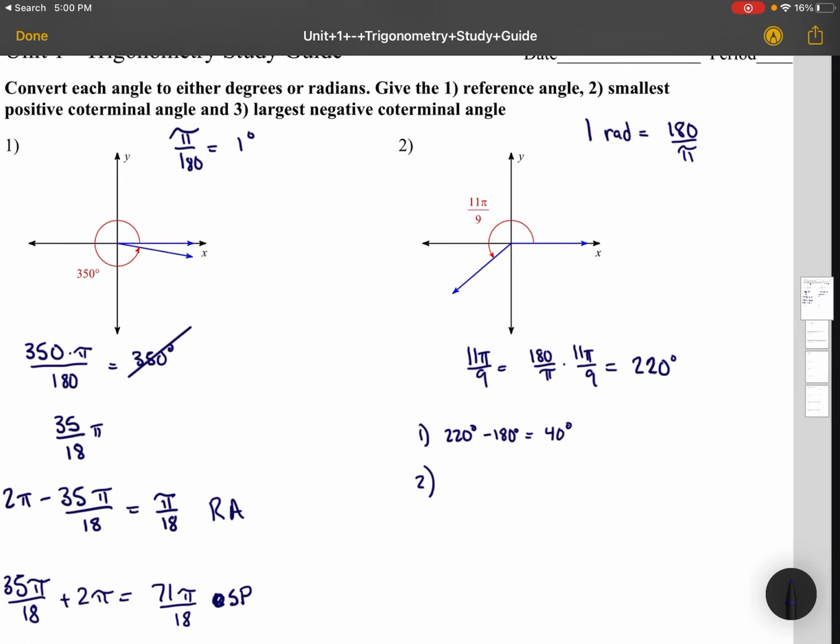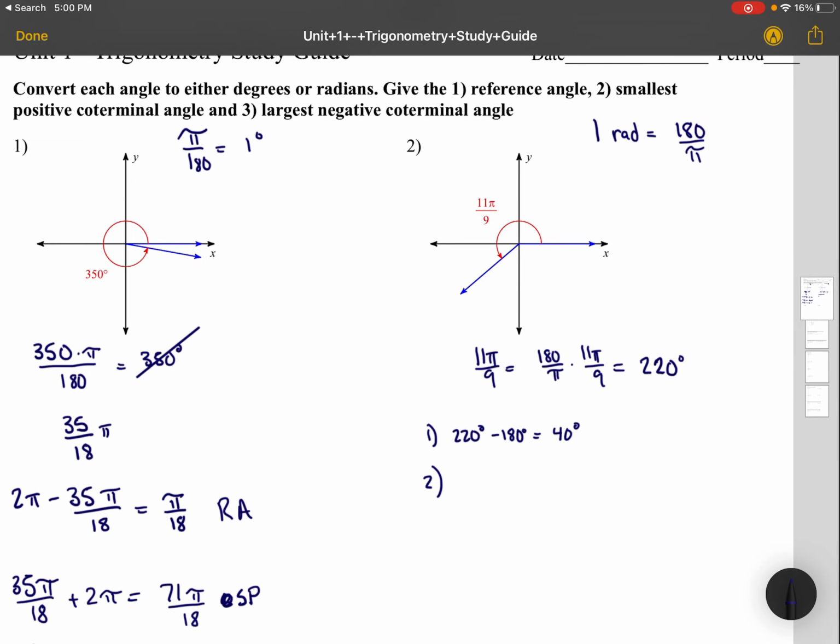The smallest positive coterminal angle is going to be 220 degrees plus 360 degrees, and that's going to equal 580 degrees. The largest negative coterminal angle, we subtract 360 until we get a negative. So minus 360. We only need to do this once. We get negative 140 degrees.